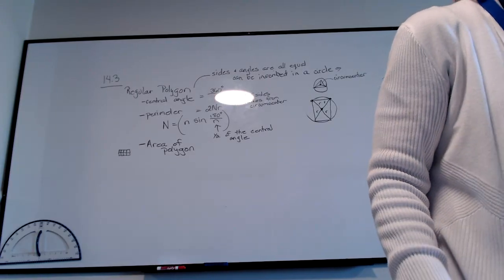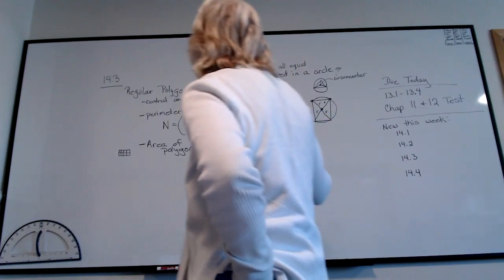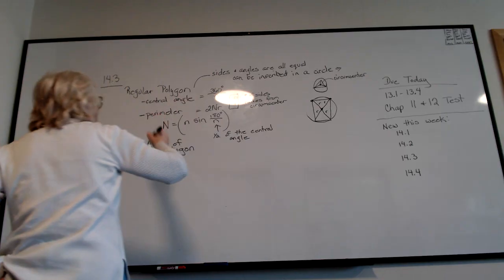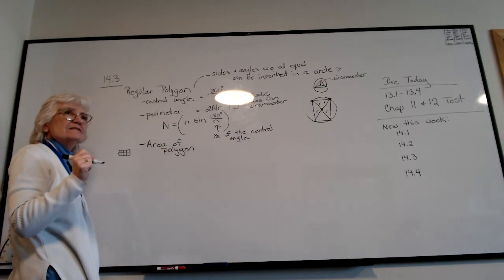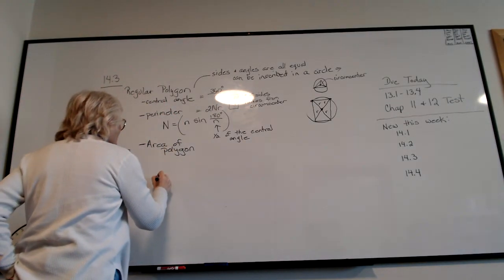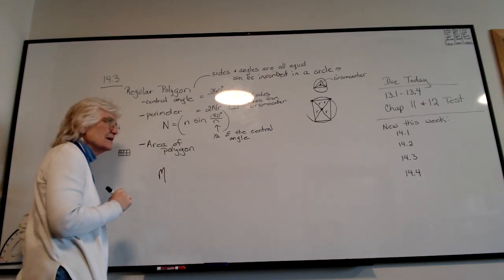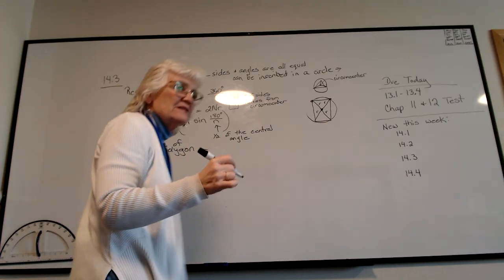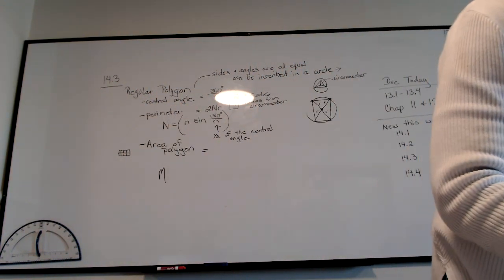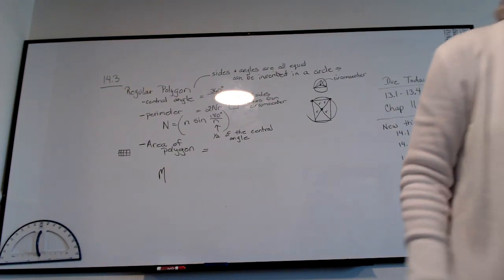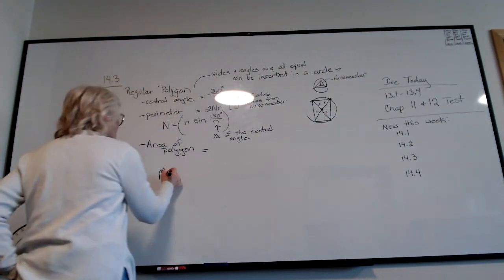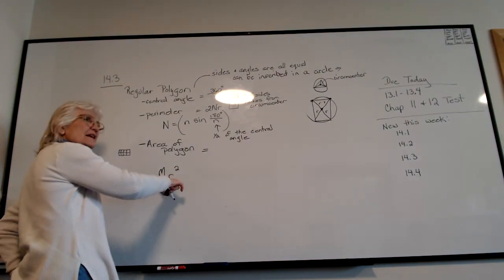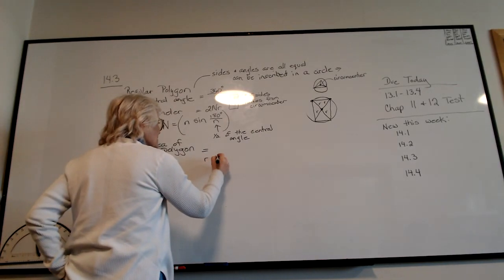We still have these variables, n and r, but we have a new letter that goes in, the letter capital M. So the area of a regular polygon is going to be M r squared.